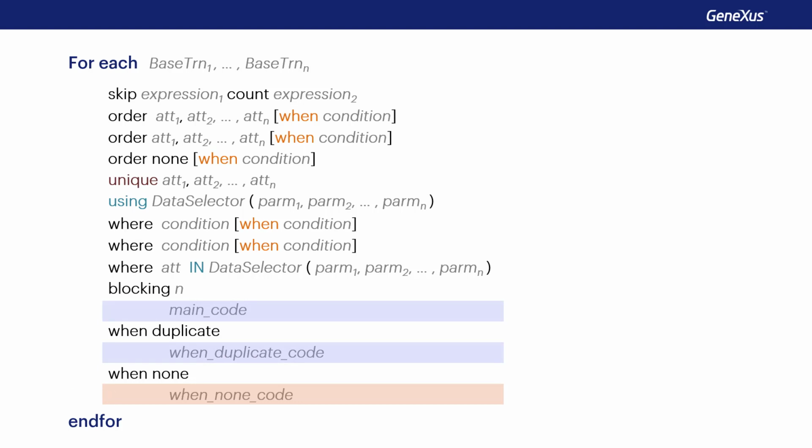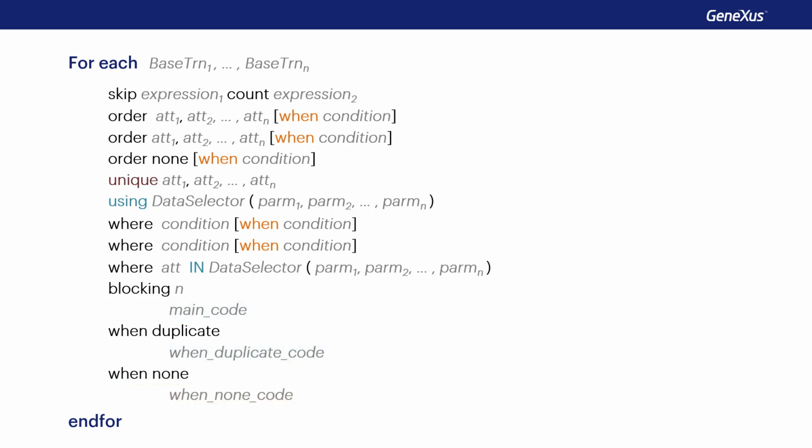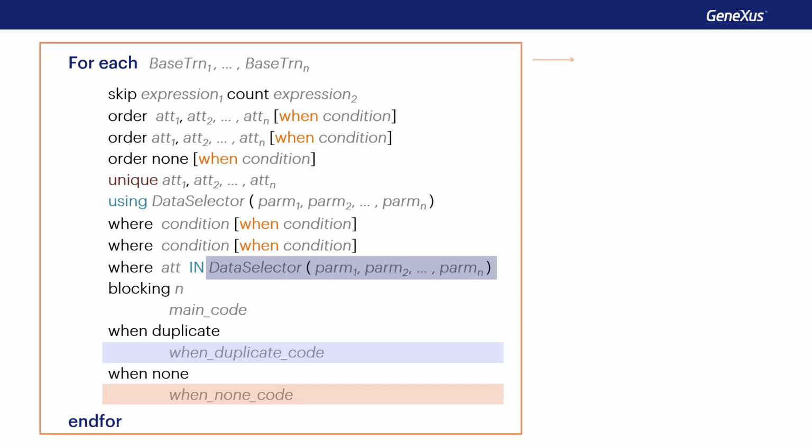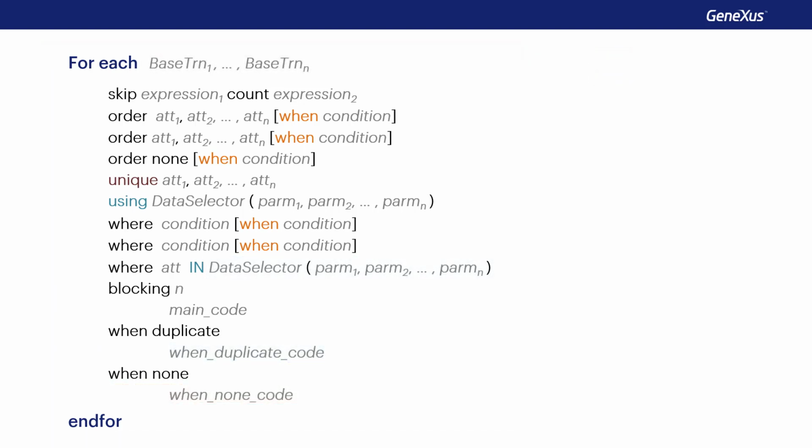As we've just seen, the attributes that appear in the code of when duplicate or when none, as well as those that appear inside the data selector when it's executed as an independent query, are not considered at all when determining the navigation of the for each. This is especially important when Genexus must determine the base table of the for each, because no base transaction was placed. This is the end of this summary of essential concepts.